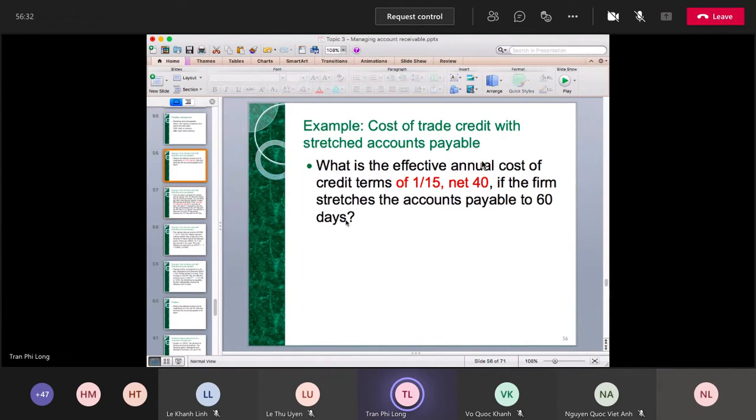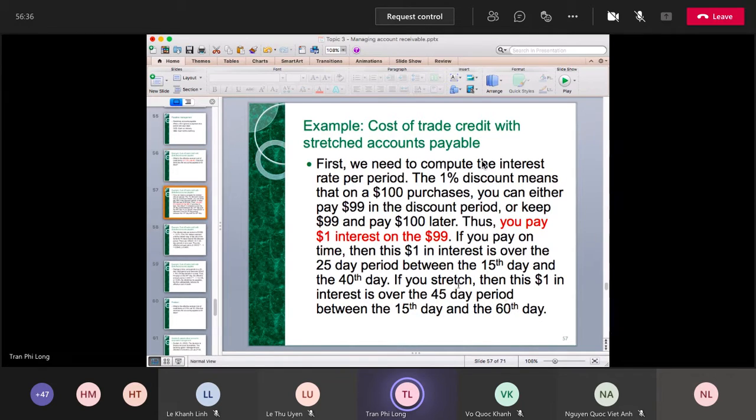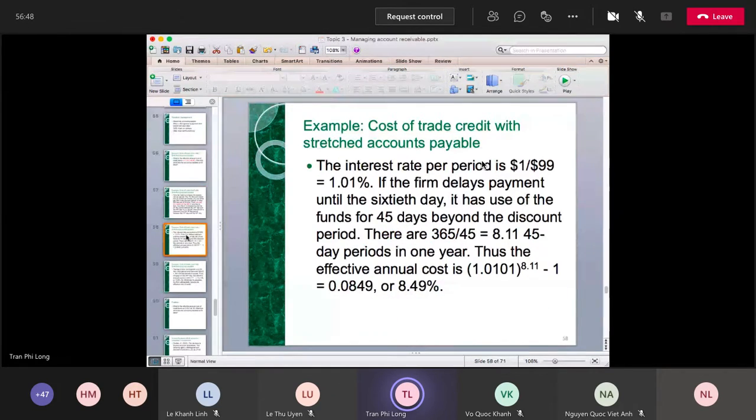Why 25? It equals 40 minus 15. And if you extend the payment period, then the 1 USD saving will be over a 45-day period. So now you can calculate the implicit cost of trade credit.